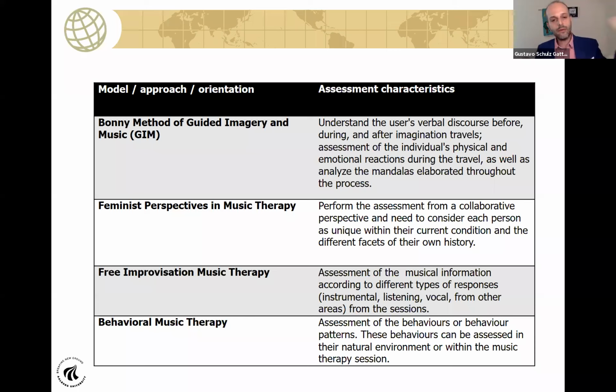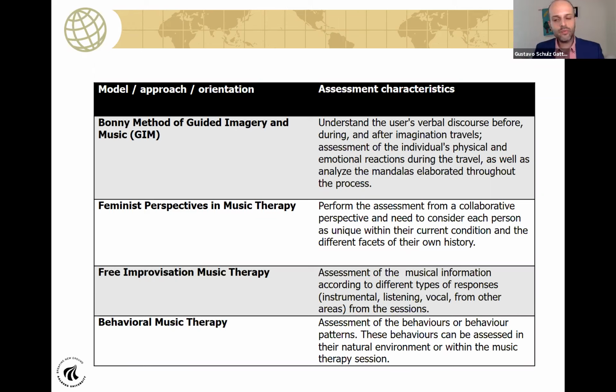So now I would like to give you some examples of how we can understand music therapy assessment differently. In the GIM model, we have verbal discourse before, during, and after imagination travels, so assessment of the individual's physical and emotional reactions during the travel, as well as analysis of the mandalas elaborated throughout the process.